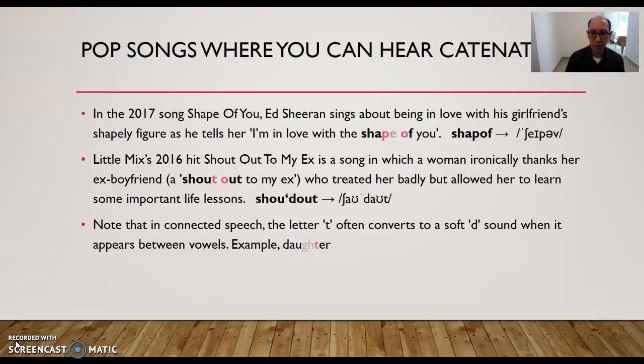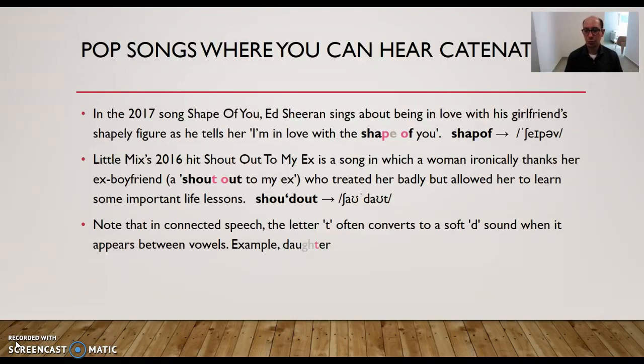The words here are "shout" and "out," but the T doesn't sound like a T, it sounds like a soft D: "shout out." This is because when we have a T between vowels, in this case the O, U, and then the O of "out," it sounds like a soft D. That's what it says in the note: in connected speech, the letter T often converts to a soft D sound when it appears between vowels.